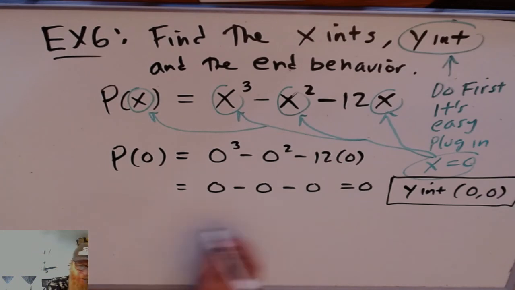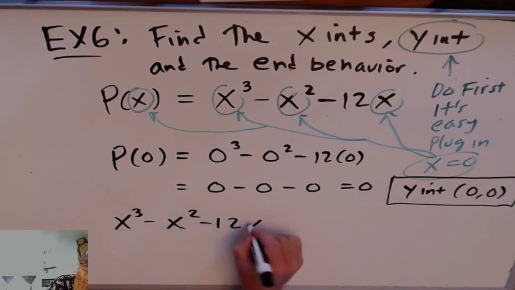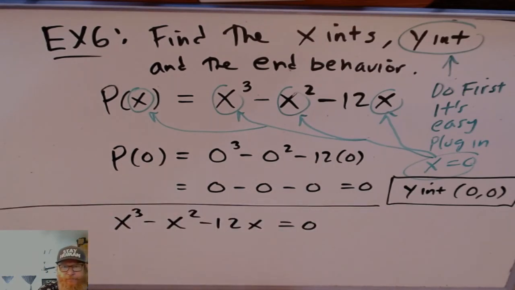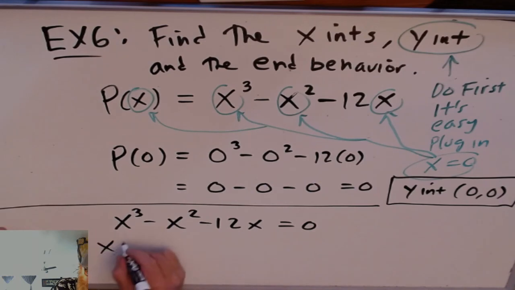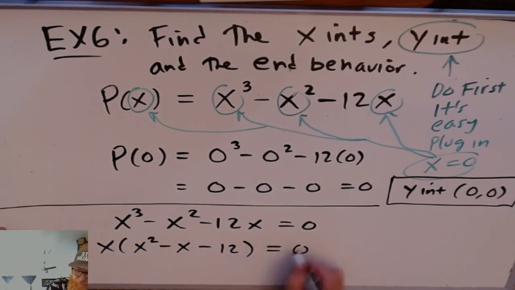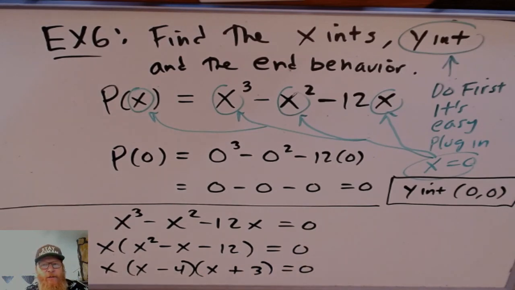For the x-intercepts, that's where you actually have to do the work. You set it equal to 0 and do exactly what we did in the last problem. Factor it out. If you get desperate, you can use the quadratic formula.